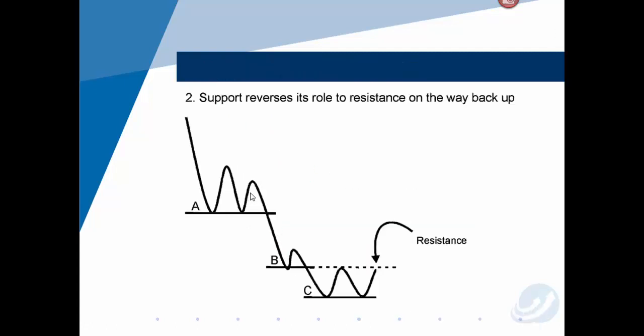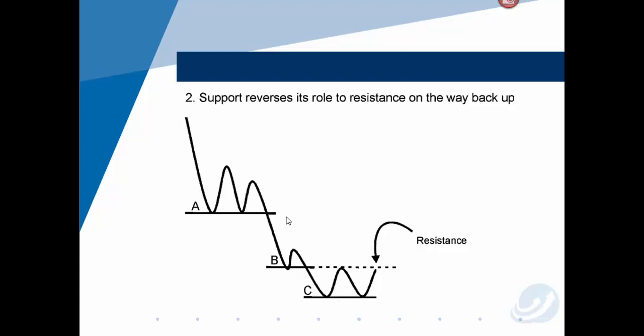Now, as the market continues going downwards, it hits another level of support again, and then it bounces briefly, and then it breaks the support level and finds itself at this point C. Once price gets into this level here, we can actually use other indicators to indicate to us that this price movement is getting weaker.